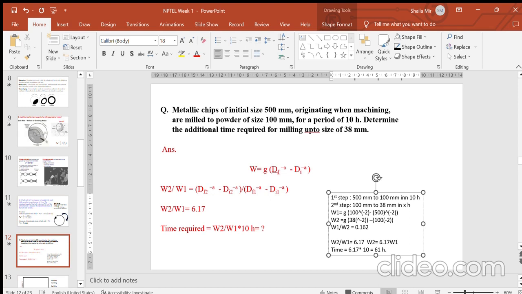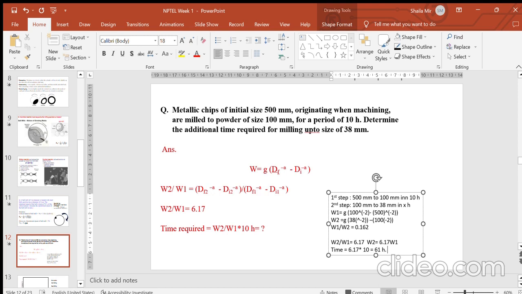Is it clear? So you can say that the amount of time that is required for milling from 500 to 100 mm is just like a 5 times greater size.